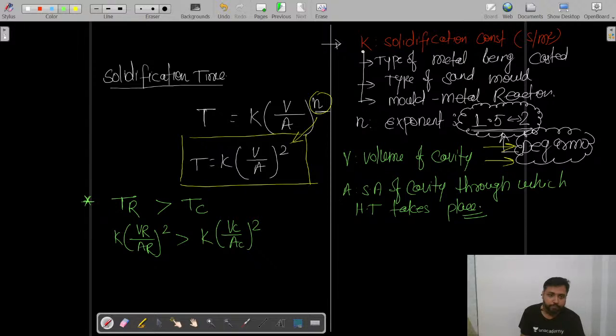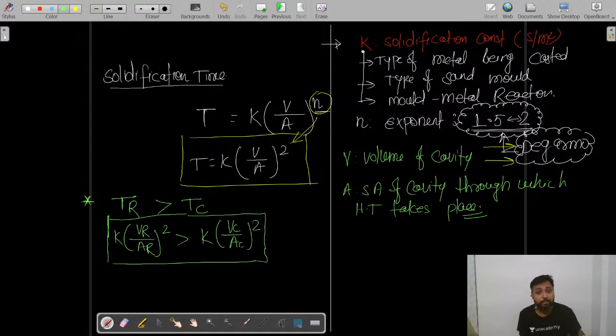Now, if the riser has to compensate the first two stages of shrinkage undergone by the metal in the casting, undoubtedly the liquid metal which is there in the riser cavity must not solidify before the solidification of the original casting. It must solidify after the solidification of the liquid metal in the casting cavity completes.